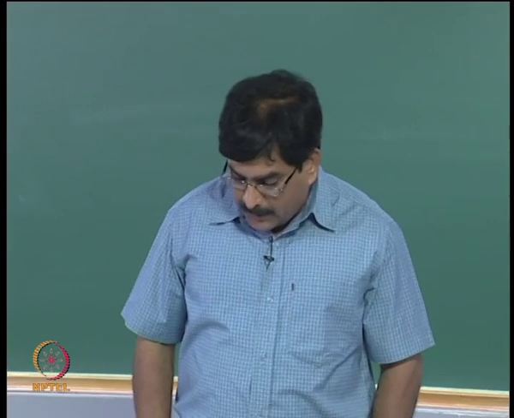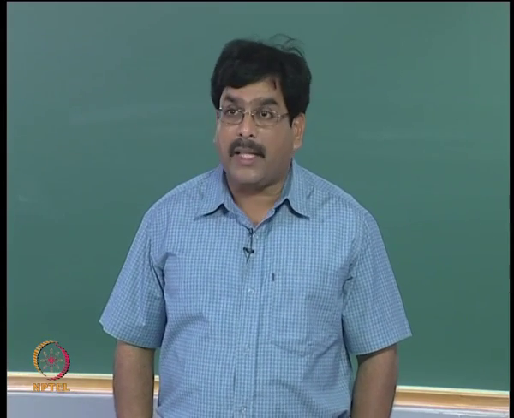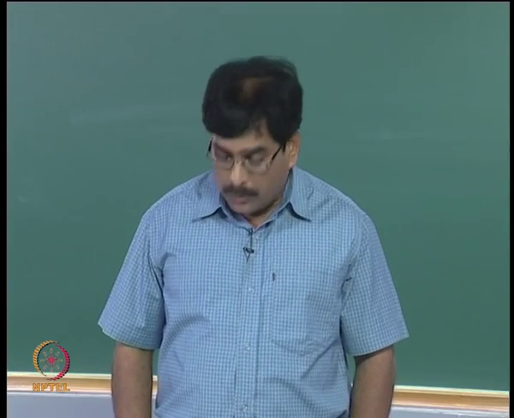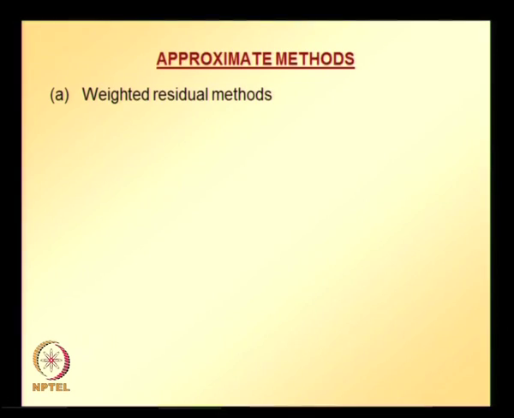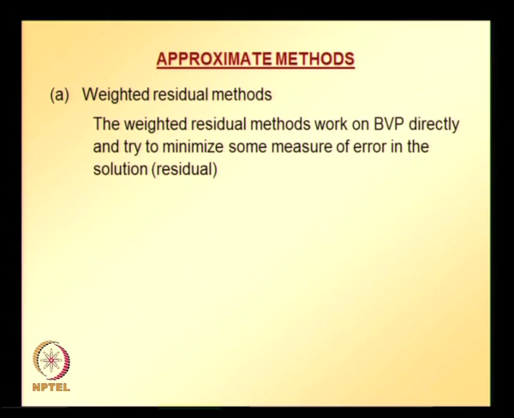Basically, all the classical methods can be categorized into two groups. One is called weighted residual methods. The weighted residual methods work on the boundary value problem directly and try to minimize some measure of error in the solution, which is called the residual.